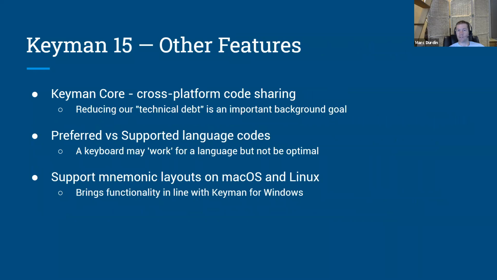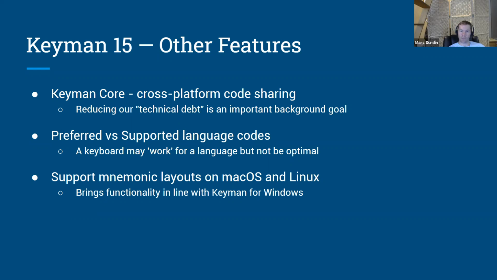We're also going to do a bunch of other bits and pieces. We want to reduce the technical debt, which is all of the code that we write, which gets old and needs maintenance, and share that cross-platform by having a common Keyman core. We want to support preferred versus supported language codes, which is important for keyboards that support many languages. And we want to support mnemonic layouts on macOS and Linux. So that's keyboards that map according to what your keyboard is.